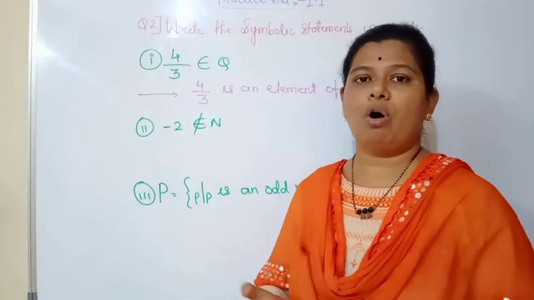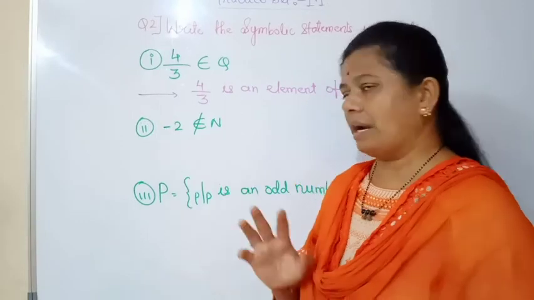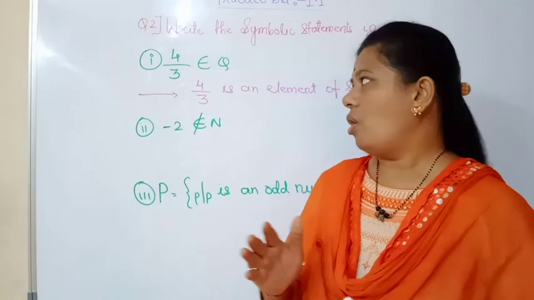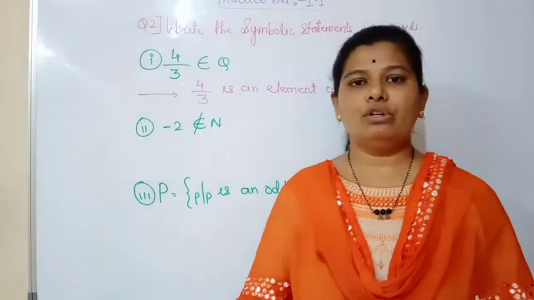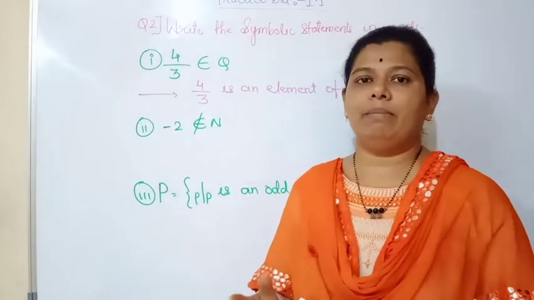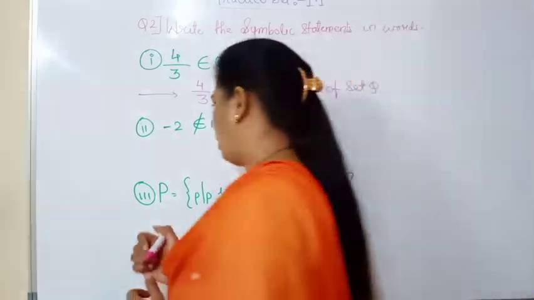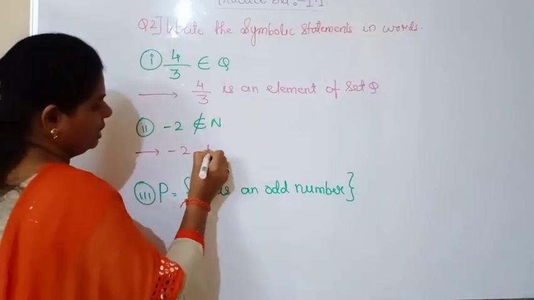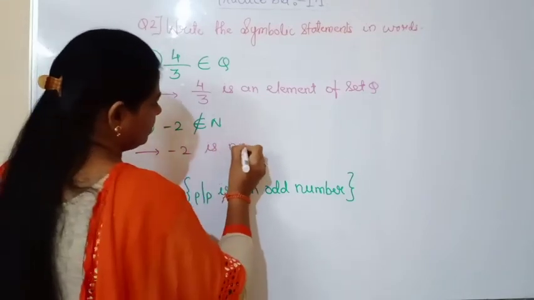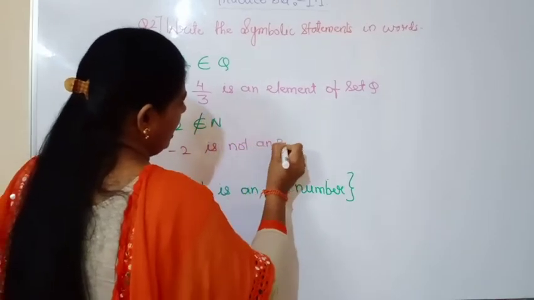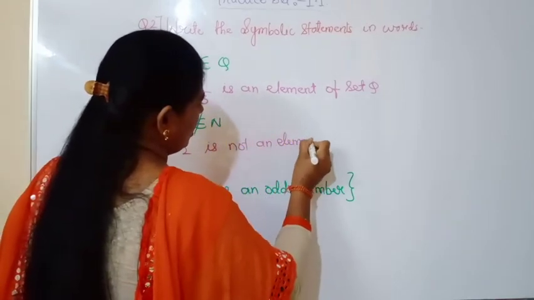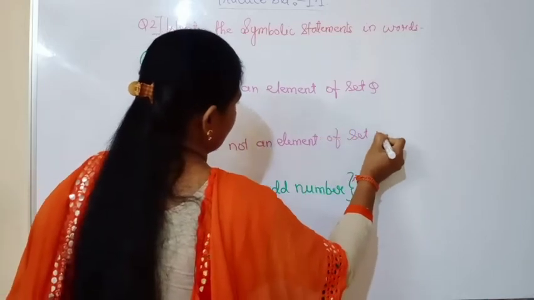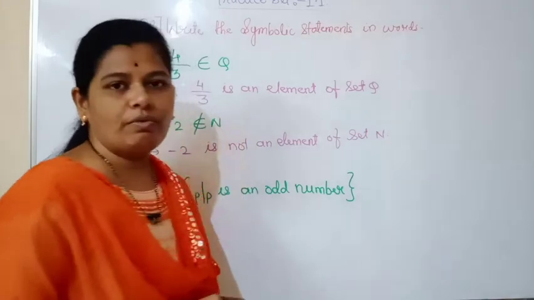It does not belong to set N. So we can write it as -2 does not belong to set N, or also as -2 is not an element of set N. Let's complete this: -2 is not an element of set N. In this way we have finished the second one.